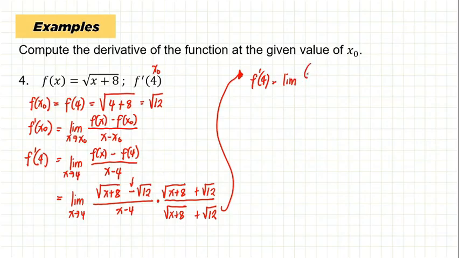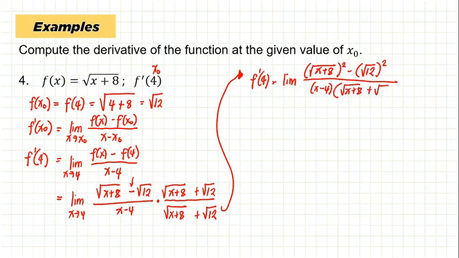So this will become f prime of 4 equal to the limit of the numerator, you multiply, so we will just take the square of the first term minus the square of the second term, all over x minus 4, you copy the denominator, times square root of x plus 8 plus square root of 12, as x approaches 4.